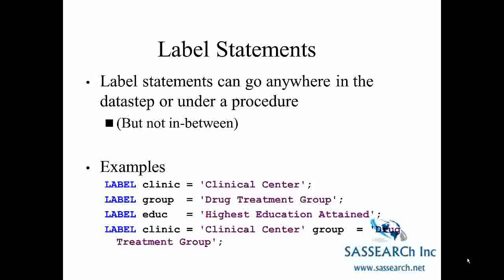The second example, we have label group equals drug treatment group. So again, these labels explain the variable in more detail. Then we have label educ equals highest education attained. Again, it makes it more readable for someone else looking at your output.